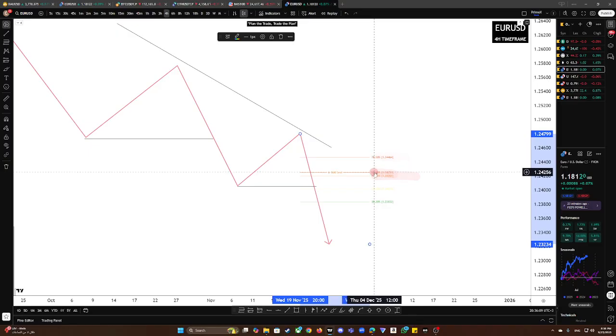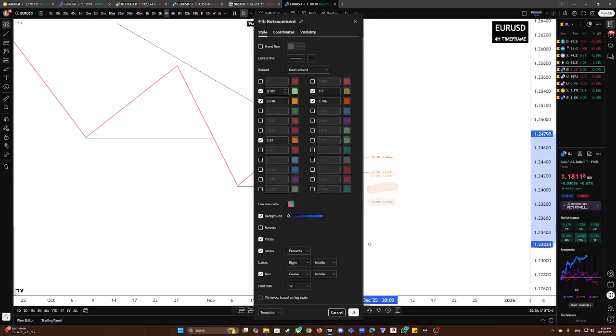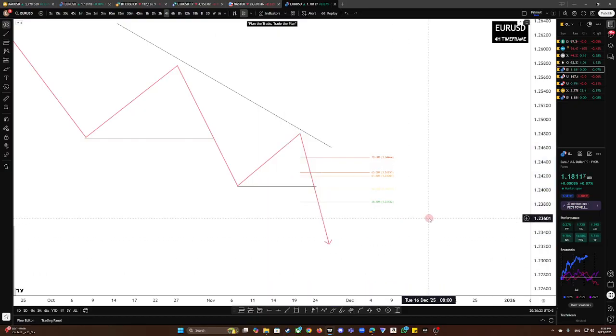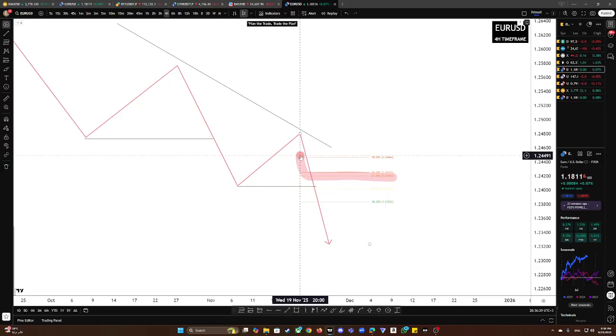Okay, that's very important. So after I pulled my Fibonacci, I've also added this time two new levels. One is the 0.382 and another is the 0.5. These are also two kind of popular levels as well, but they are not as important and strong as these three.